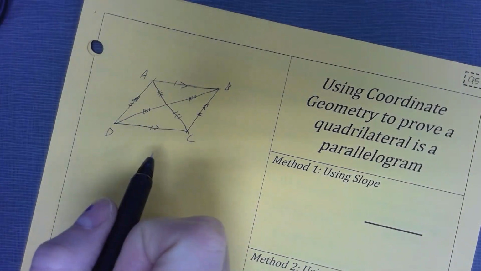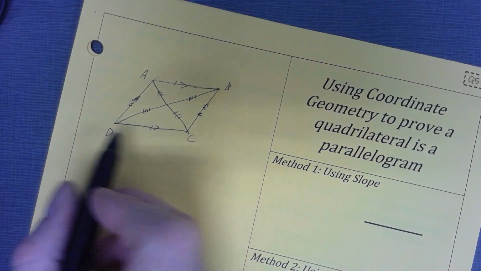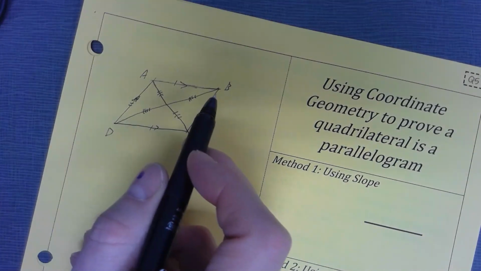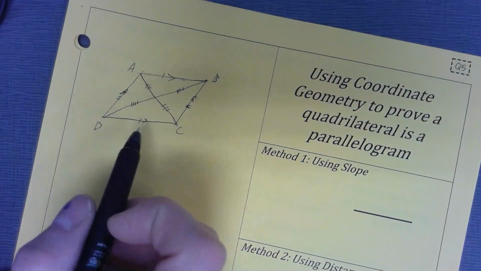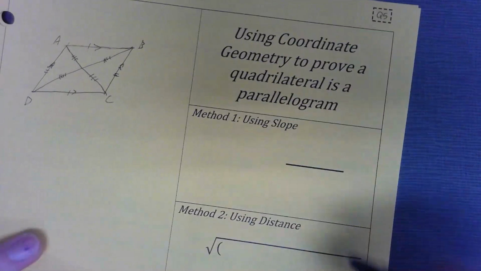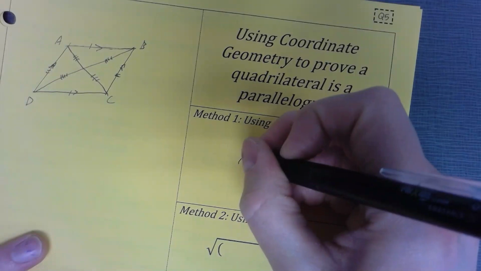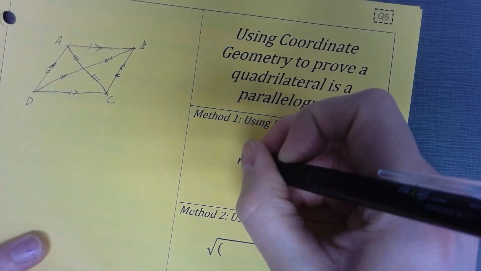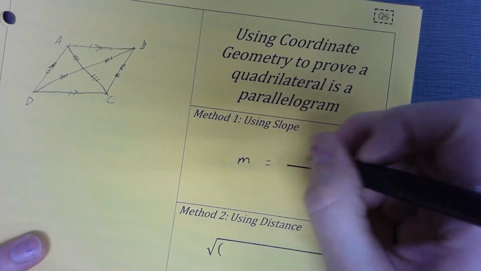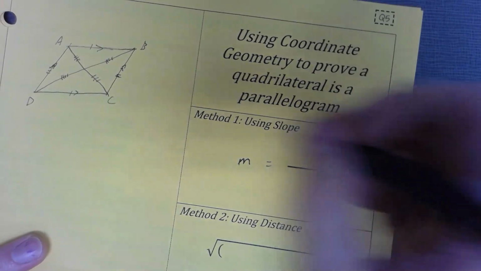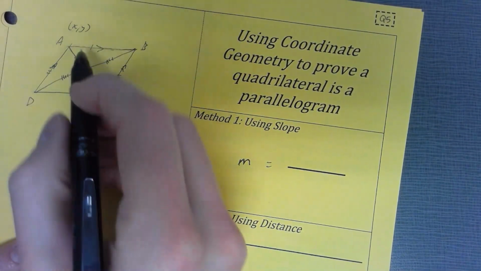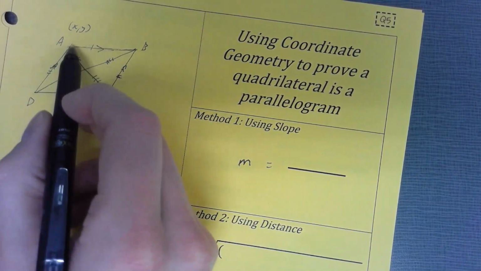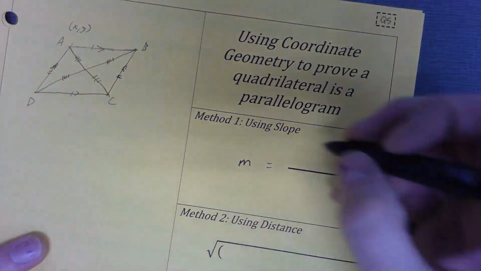Because with coordinates, we have a way to show that segments are parallel to each other using slope. So one way to show that something's a parallelogram is by using slope. The formula for slope was that m equals the change in y over the change in x. Each of these points is going to have xy ordered pairs for its coordinates, right? They're all going to have some position on a coordinate grid.